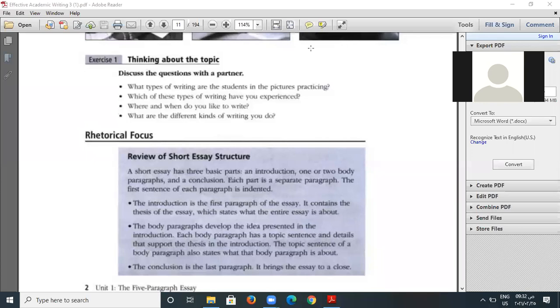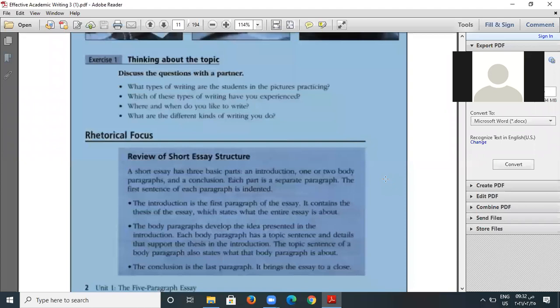We talked about the topic sentence in each body paragraph. Its function is that it talks about what the body paragraph is about. For body paragraph number 1, the topic sentence tells us that this paragraph is about this idea. The second paragraph is the same: its topic sentence tells us what the second paragraph is about. All of these relate to the thesis, which is in the introduction.